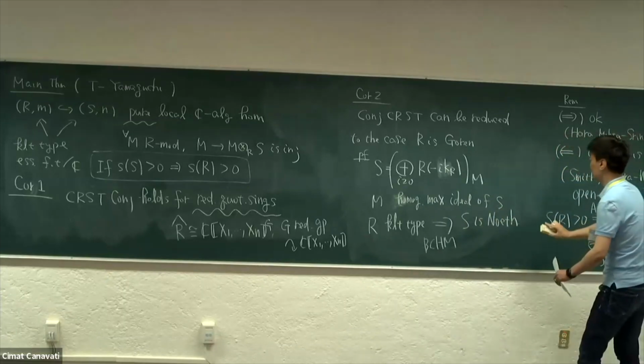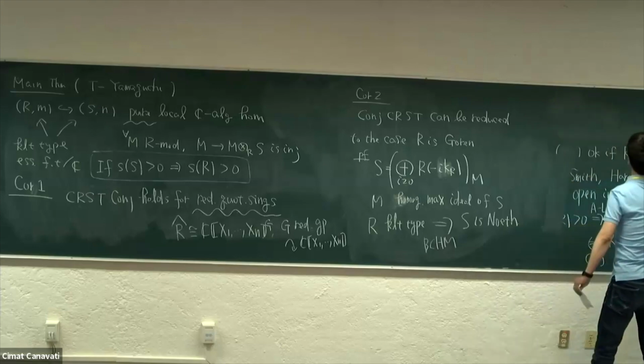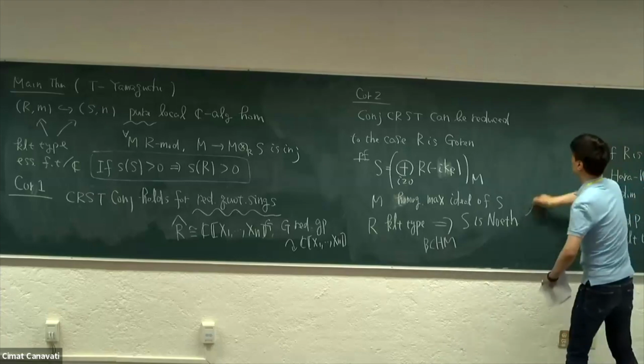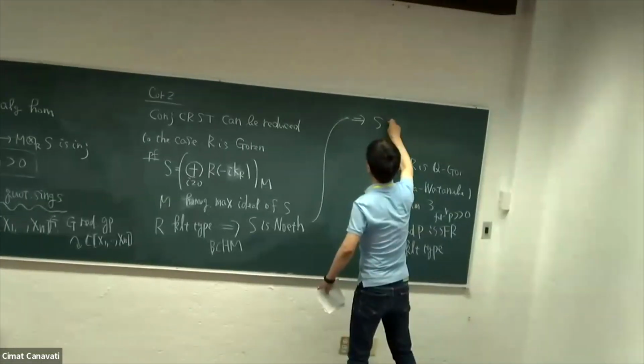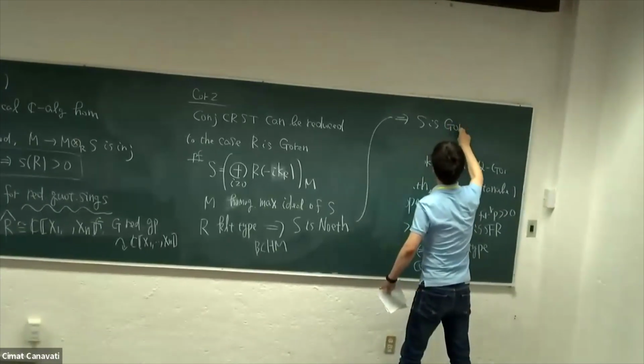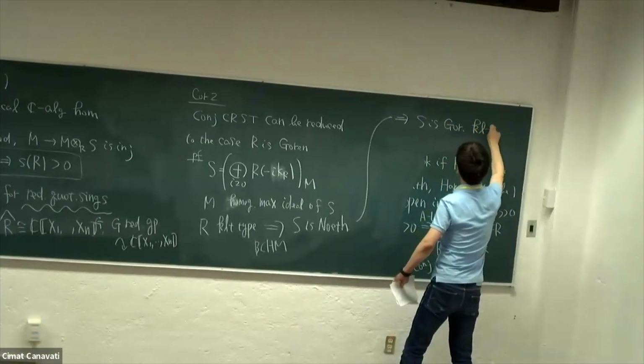Once we know that S is Noetherian, then S is actually Gorenstein and KLT.